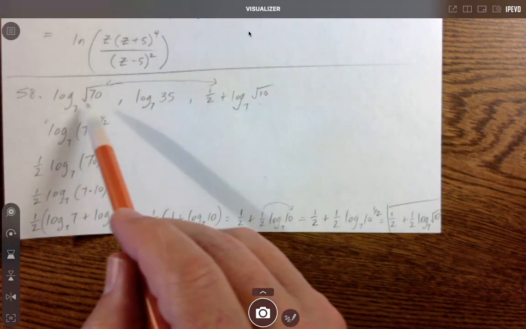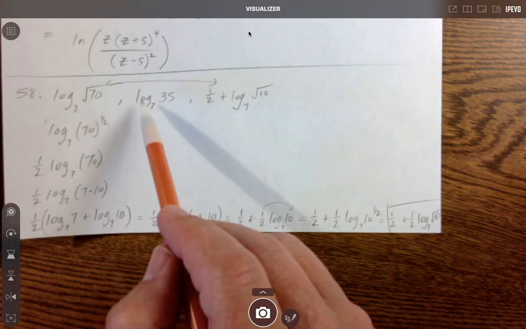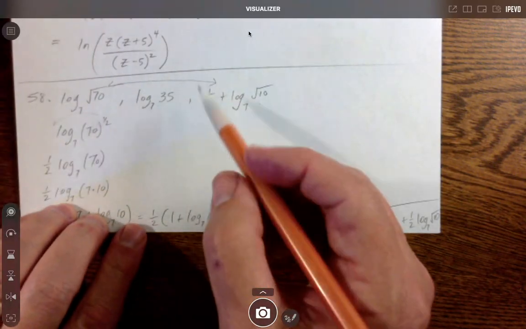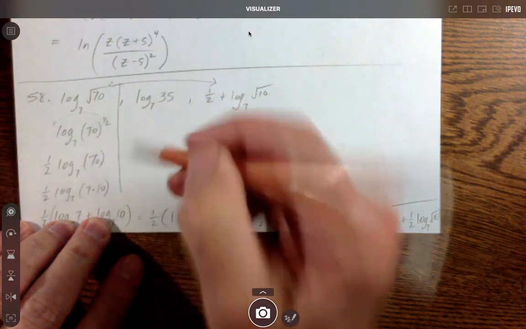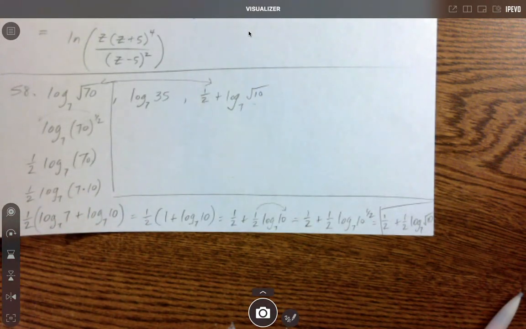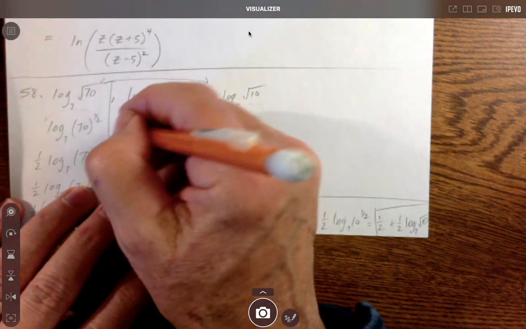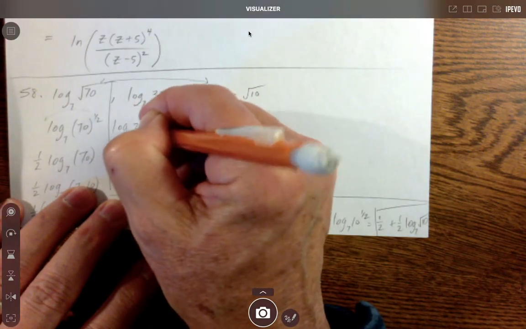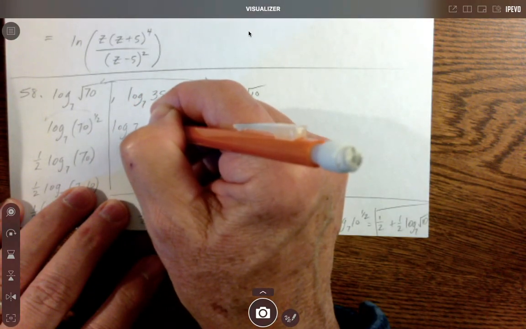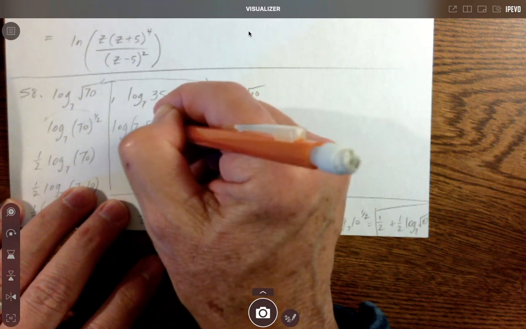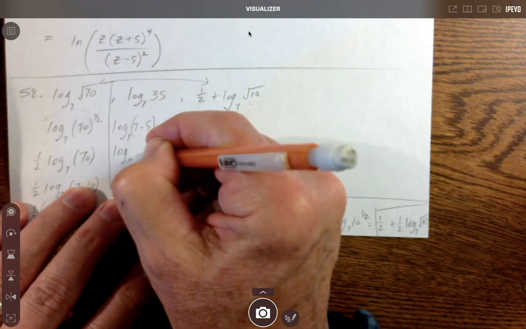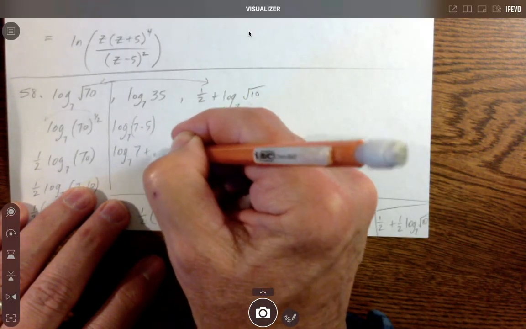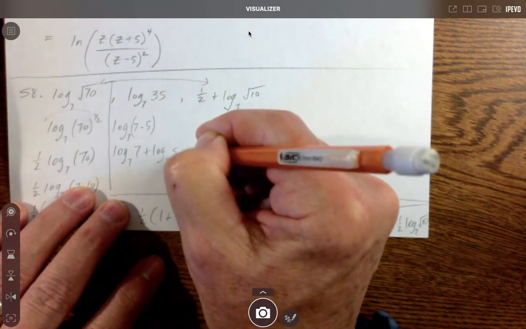Now log base 7 of the square root of 70, I don't think is equal to this. Let's see, what can I do with this one? So this could be log base 7 of 7 times 5, which is log base 7 of 7 plus log base 7 of 5.